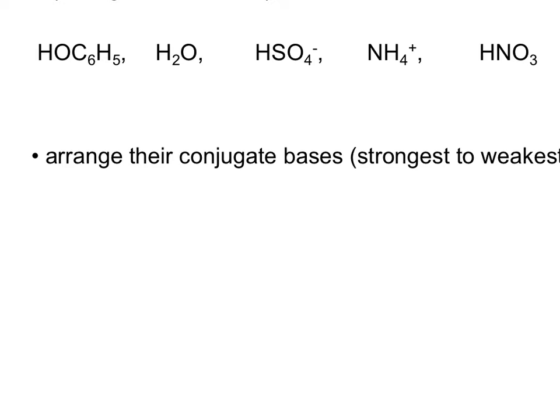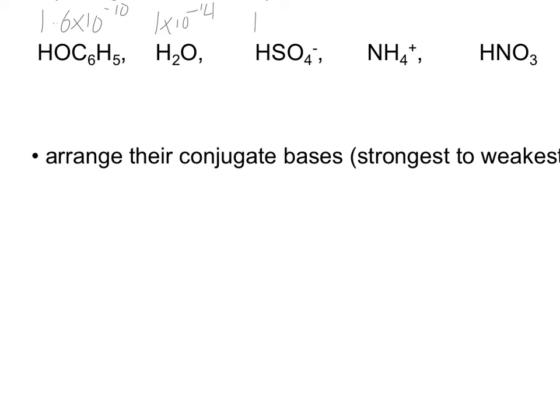So the first thing we need to do is look up their K values. So let's get those out of the way. First one, HOC6H5, 1.6 times 10 to the negative 10th. Water, we already said, 1.0 times 10 to the negative 14th.